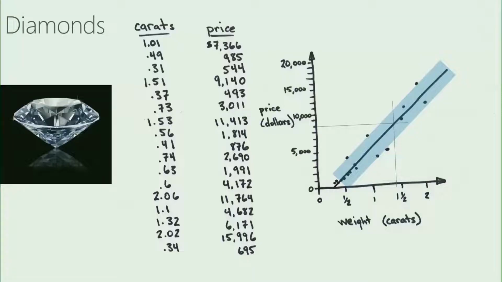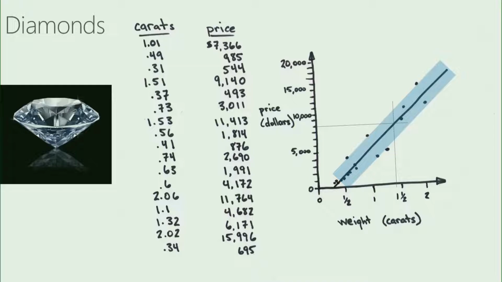Luckily, we can solve this as well. We eyeball a nice fat envelope around that line that captures most of our data points. It doesn't have to include all of them. This we'll just call our confidence interval. So we're pretty confident that our future data will all lie in this region because our past data all has.